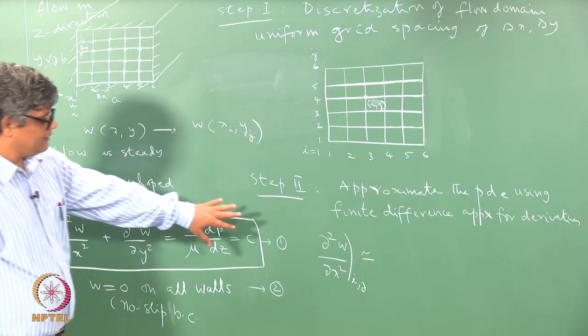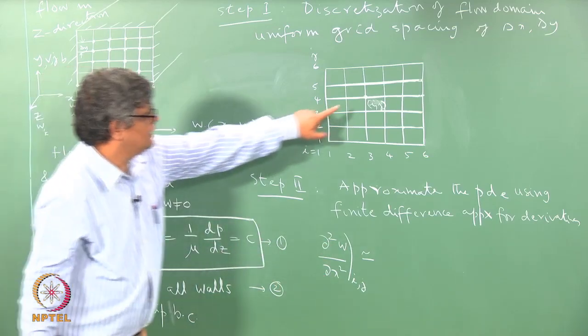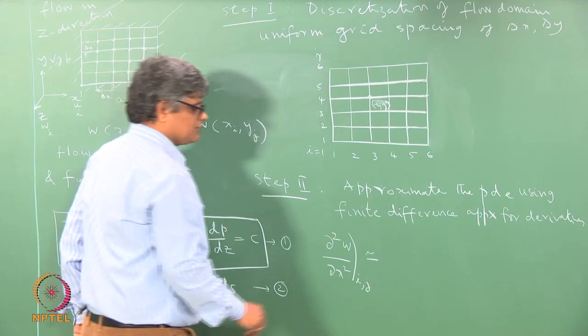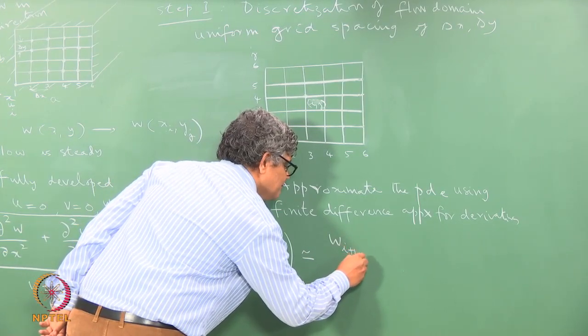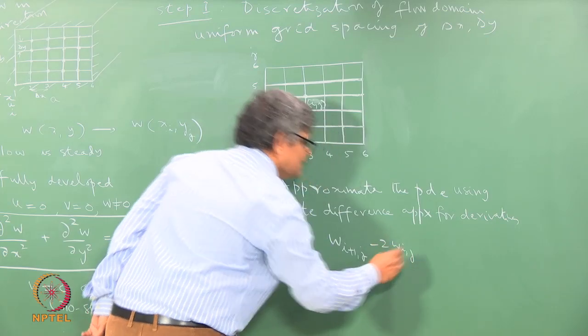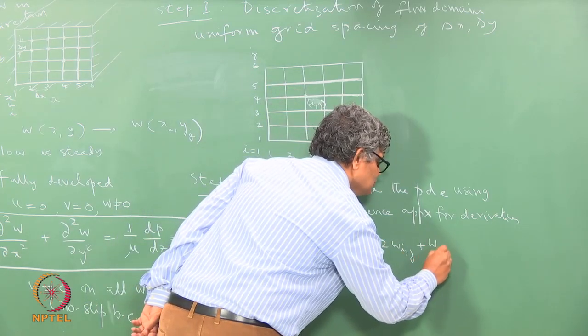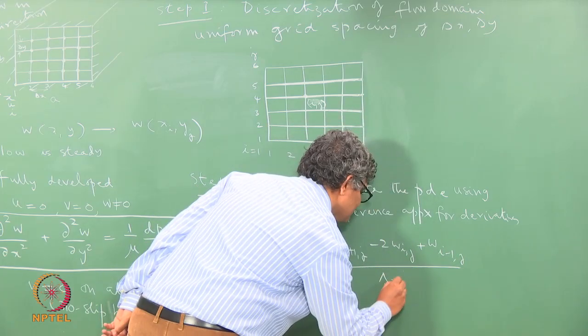Okay. So, the derivative of del squared W by del x squared at point i, j here can be approximately written as W_(i+1,j) minus 2 W_(i,j) plus W_(i-1,j) divided by delta x squared.